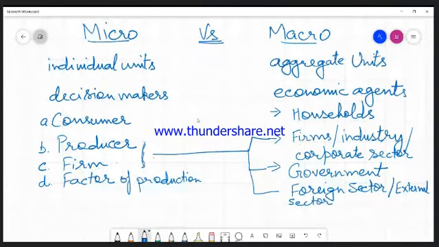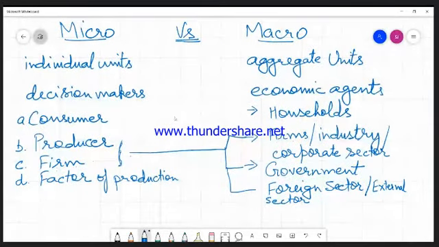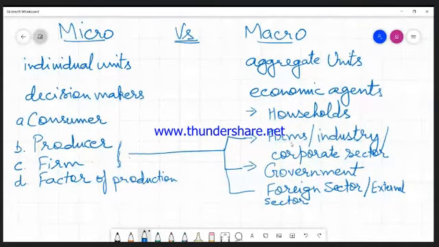So these are the four economic agents which you are talking about. First one is the household. Household is the group of consumers or aggregate level of consumers. When you aggregate the firms, producers, then you have industry, government and foreign sector or external sector together.